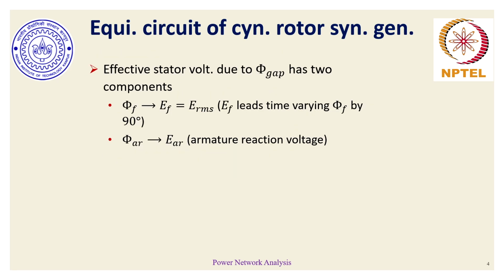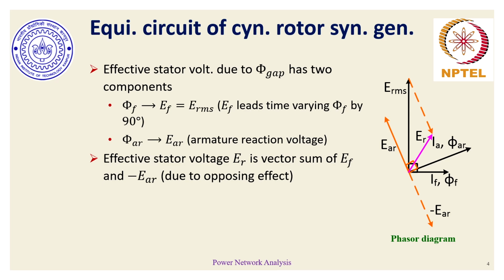So if we have to plot these fluxes, which we had also seen preliminarily in the previous lecture, on a phasor diagram, then assuming the rotor flux to be my reference, by Faraday's law, the induced EMF is the time derivative of the corresponding rotor flux. So basically the induced EMF leads the corresponding rotor flux phi F by 90 degrees.